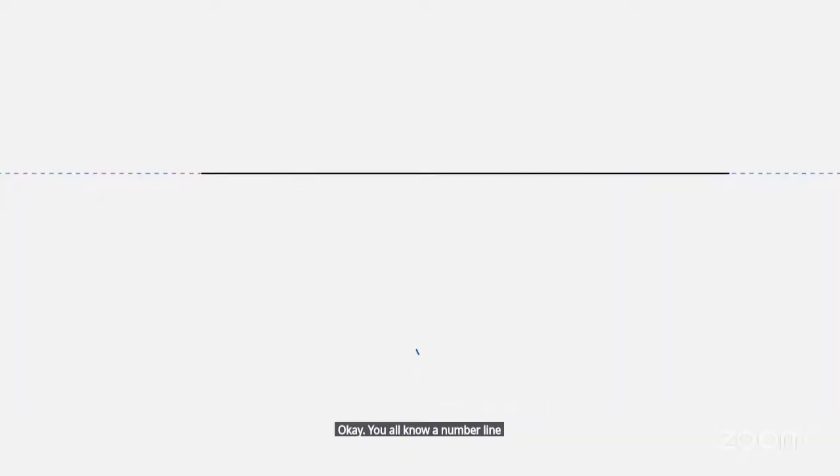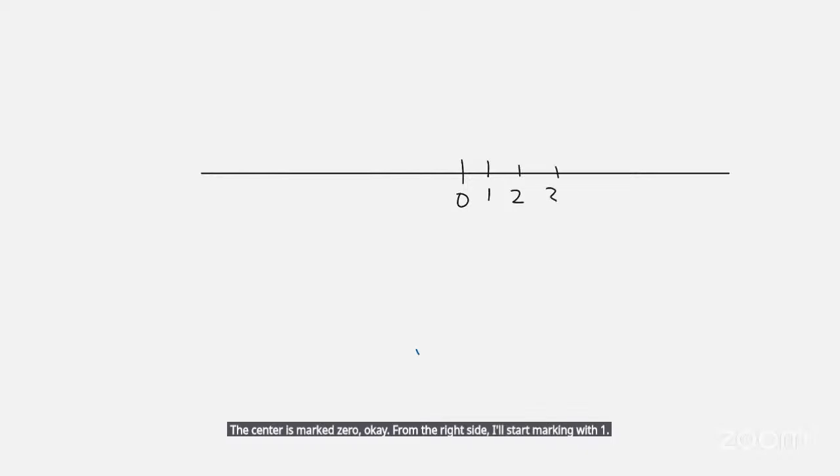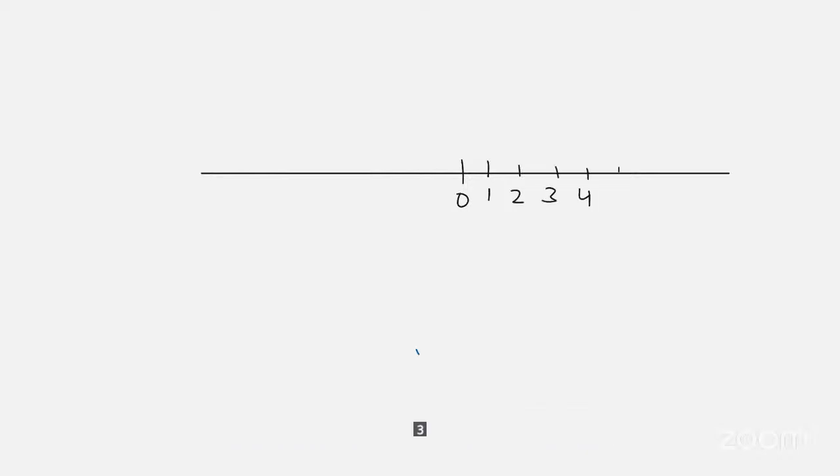Now, look carefully. I will draw a number line. You all know a number line. A line is there. At the center is 0. From the right side, I'll start marking with 1, 2, 3, 4, 5, 6, 7, 8, and so on.